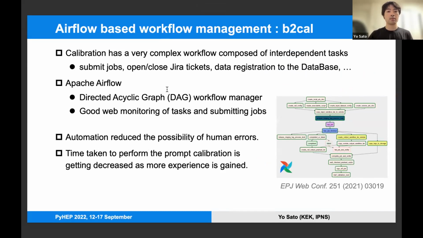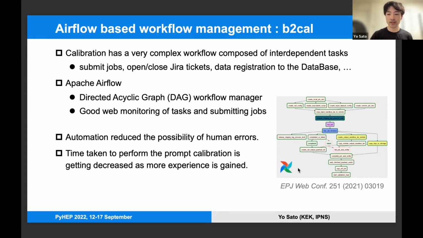As I said, the calibration has a very complex workflow composed of several processes. To deal with this, we adopt Airflow, which is a directed acyclic graph workflow manager. This is one of the graphs of the process.